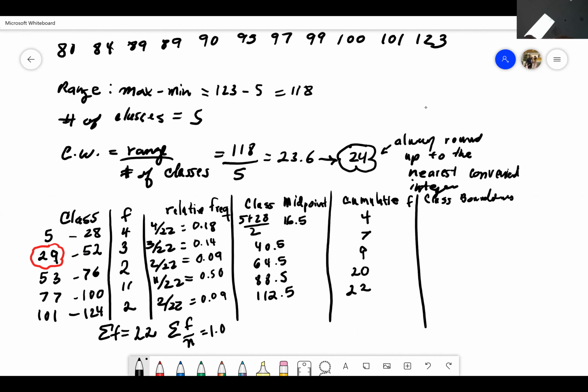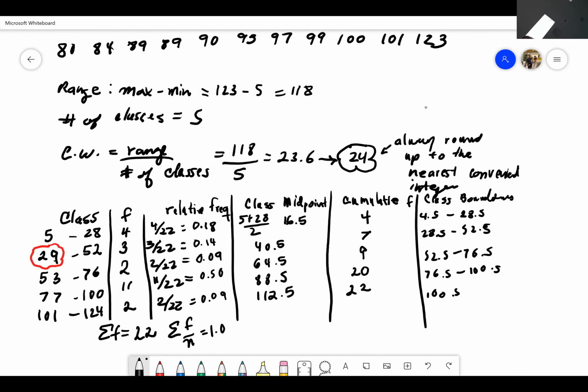So we subtract half from 5, we get 4.5. We add half to 28, 28.5. And we repeat this for the rest: subtract half, add half. Subtract half, add half. Subtract half, add half.